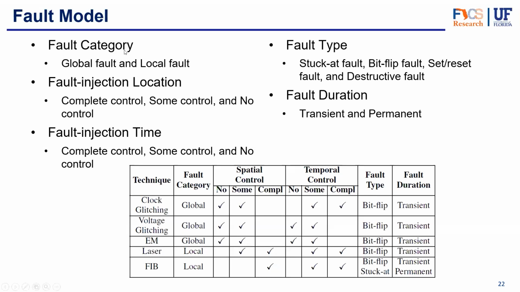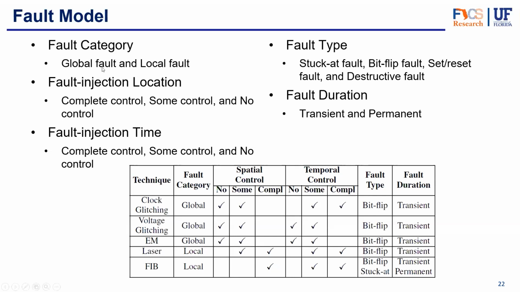So now, just based on these categories, we have created a fault model, which is converting the physical attribute of the fault to a model that can be simulated based on that fault simulation technique. And those are based on whether that fault is going to be global or local.